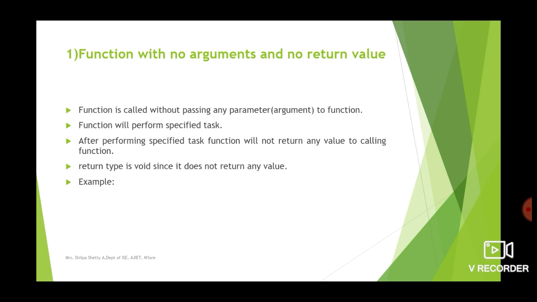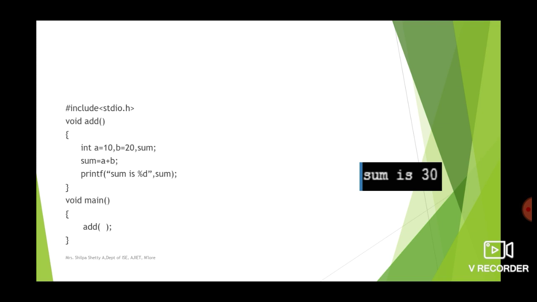In simple words, if a function does not take any parameter, or in order for the function to execute it does not require any data, and if the function does not return any value after performing the specified task, then such a function belongs to this category, that is function with no arguments and no return value. So let us take an example here.